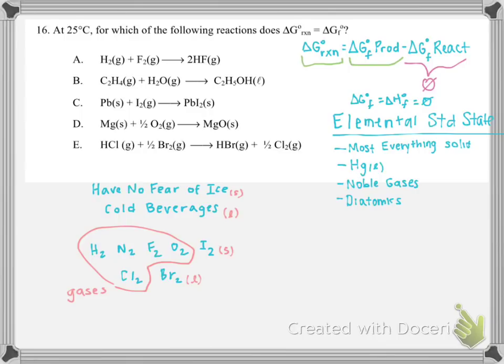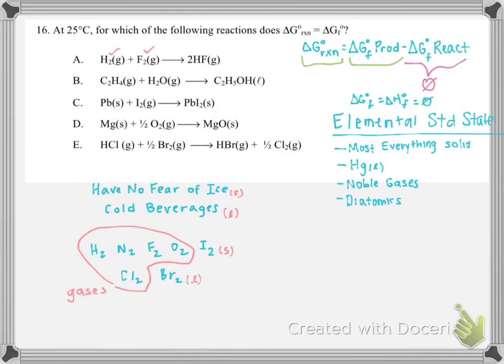Okay, so now that we have that all laid out, let's look at the reactions. In A, H2 gas, that's in its standard state. F2 gas, standard state. So it seems promising. The only issue is here we're making 2 moles of products.